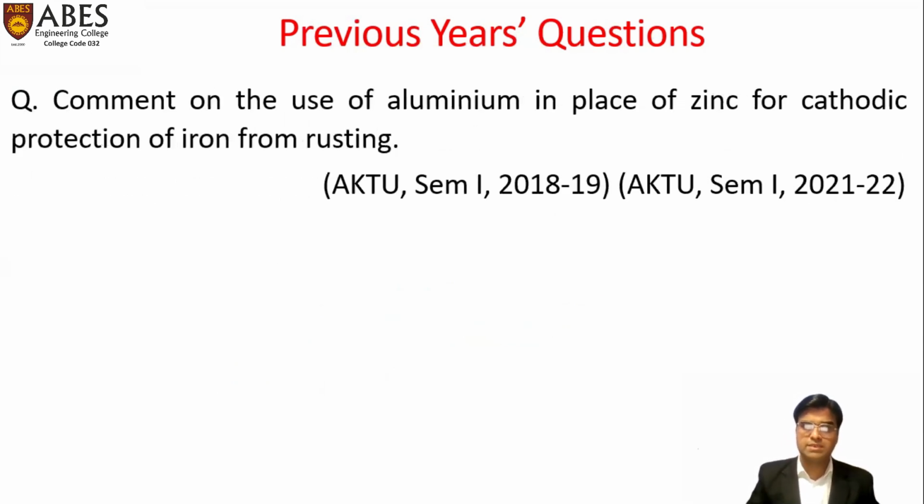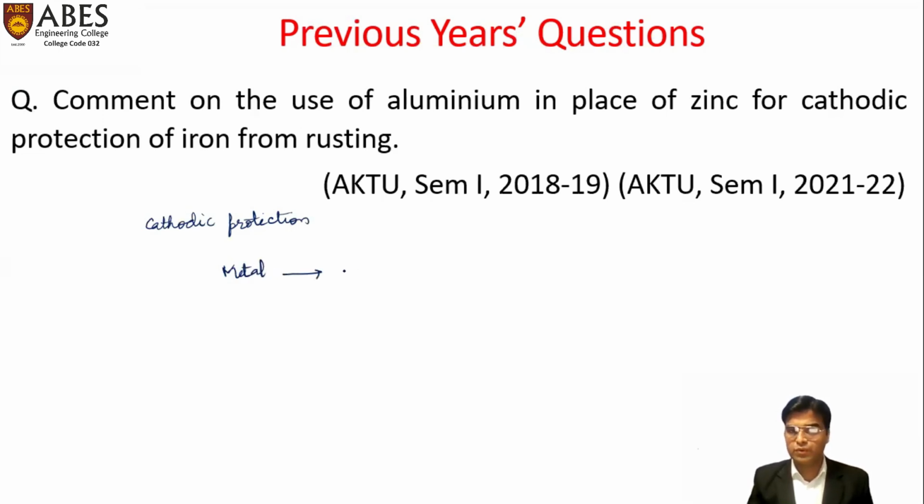The next question is, comment on the use of aluminium in place of zinc for cathodic protection of iron from rusting. We know in case of cathodic protection, the metal which is prone to corrosion is forced to work as cathode.